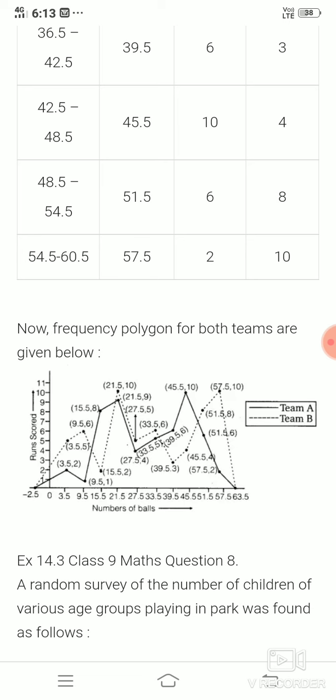From 3.5 comma 2 you can mark easily, and 3.5 comma 5 easily, but do not go like 0, 1, 2, 3, because with 9.5, 15.5, 21.5 that is irrelevant.